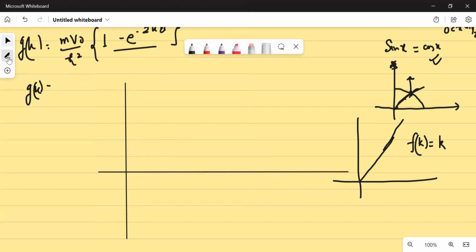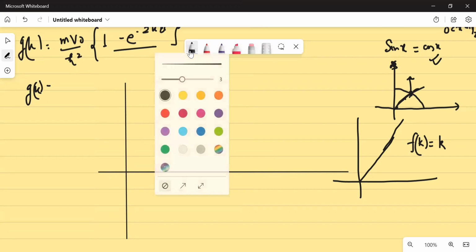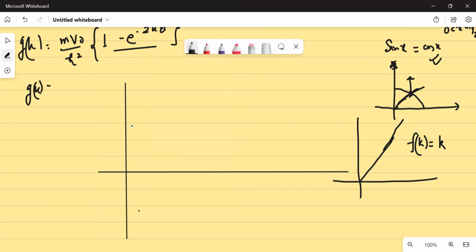Okay, so now let us make the graph. How does my g(k) behave? g(k) is mV0 upon h square times (1 minus e to the power minus 2ka). Now as k tends to infinity, e to the power minus 2ka goes to 0.